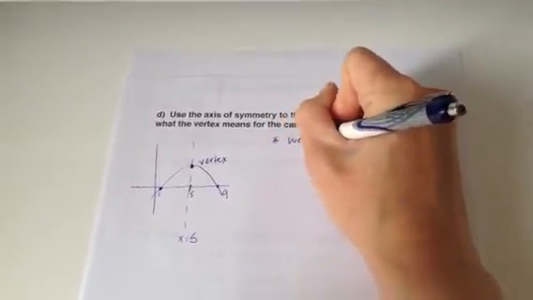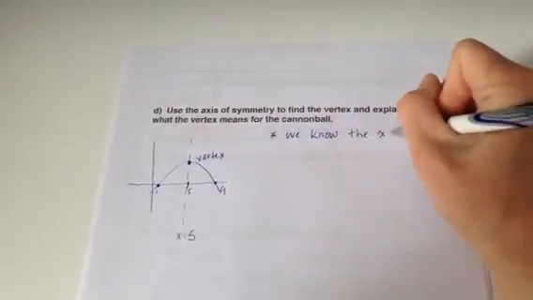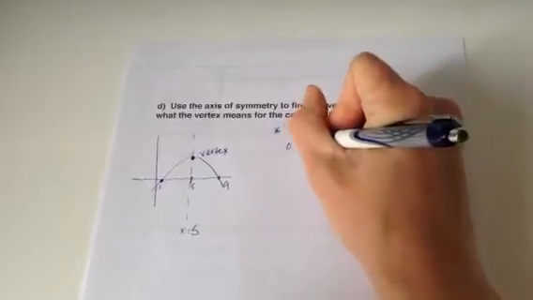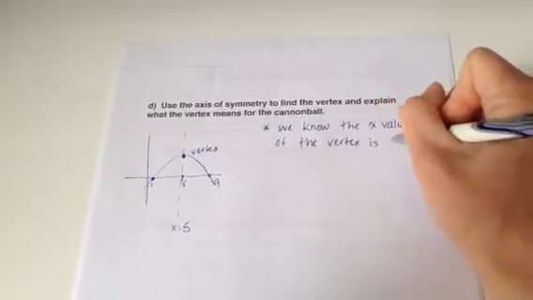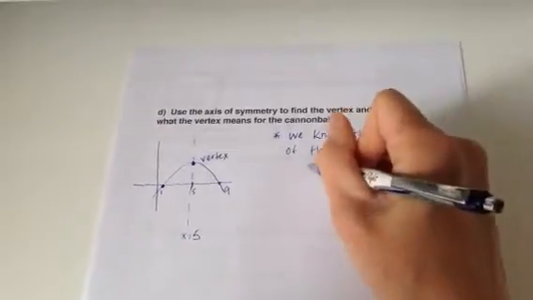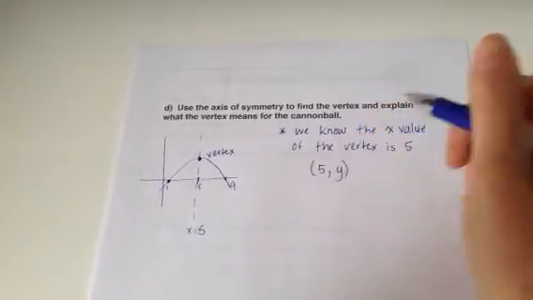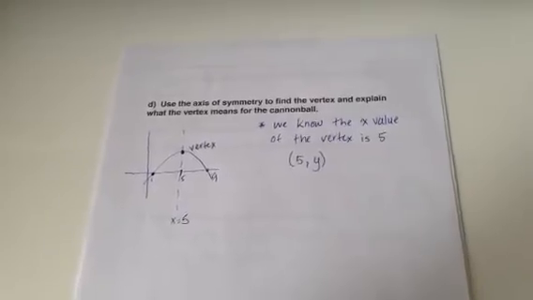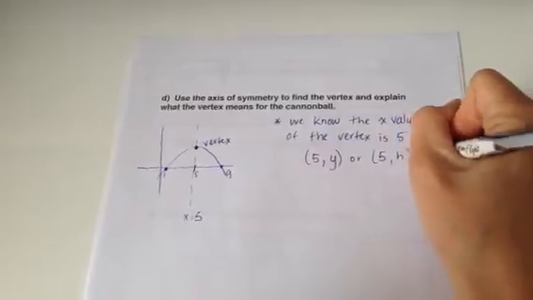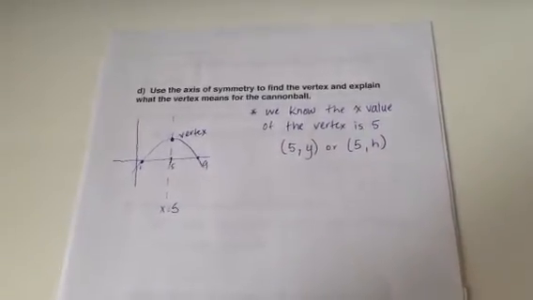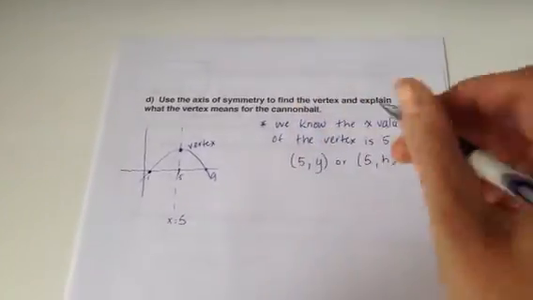Okay, so we know the x value of the vertex is 5, and we don't know the y value. So to find the y value, or actually in our case, it's an h value because it's height, we just need to sub 5 in for our t value, and then we can solve for h.